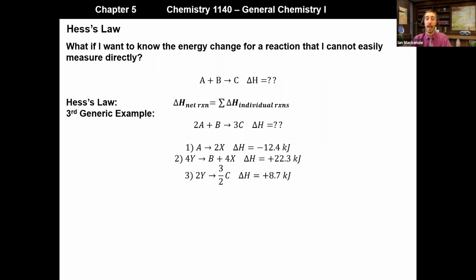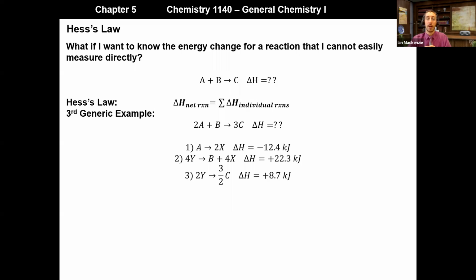If I were to simply add those equations as they are right now, I won't get the appropriate amounts. For one thing, I'll notice that I need 2A in the final net equation, but in the only equation that has A in it, I only have 1A. So I'm going to have to do something to that equation.